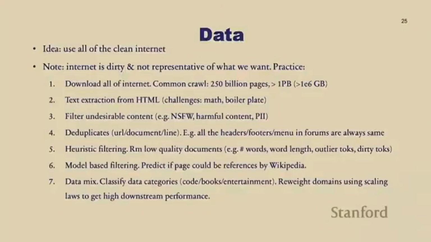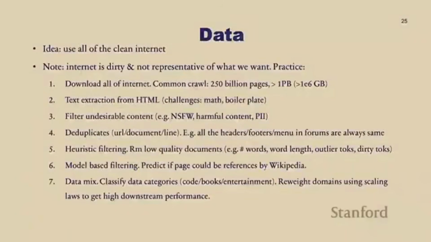Next one, you will try to classify your data into different domains. You will say, okay, this is entertainment, this is books, this is code, these types of domains. And then you will try to either upweight or downweight some of the domains. For example, you might see that if you train more on code, then your model becomes better on reasoning.